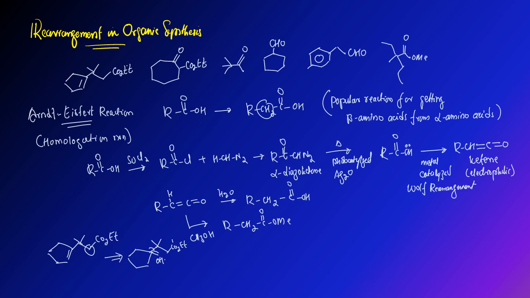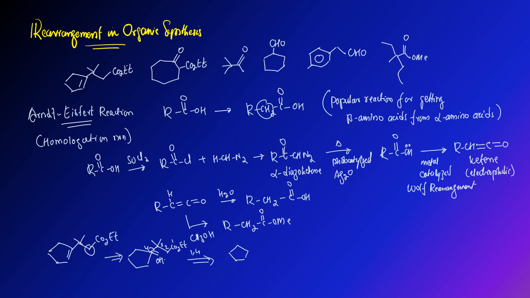I am numbering it 1, 2, 3, and 4. So this disconnection is known as a 1,4 disconnection. I can show it on the arrow, 1,4 disconnection.